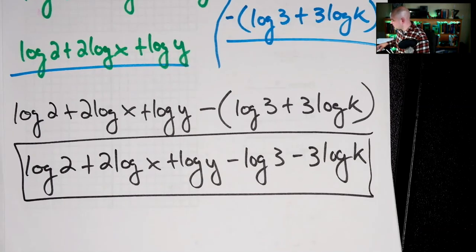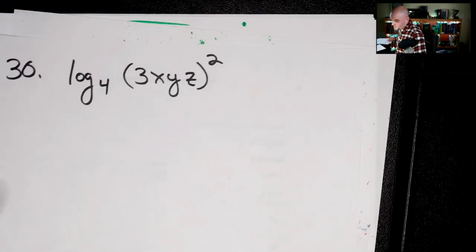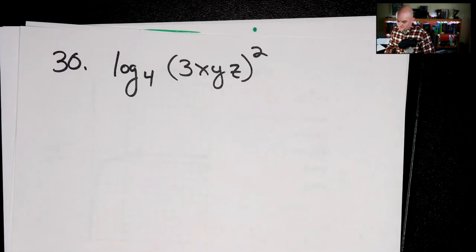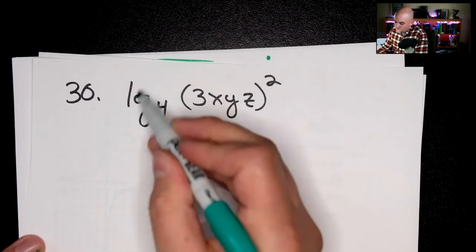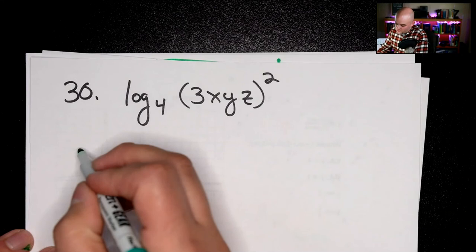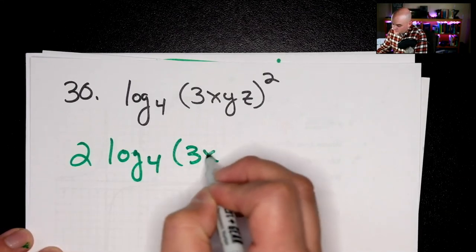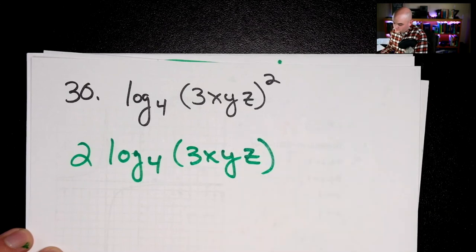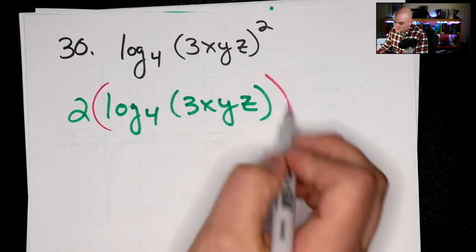One more, number 30. So for number 30, I'm going to go ahead and move that 2 out front because everything's wrapped in it. So let's move it out front. We get 2 log base 4 of 3xyz. And if it makes you happy, you can go ahead and wrap this part in parentheses.